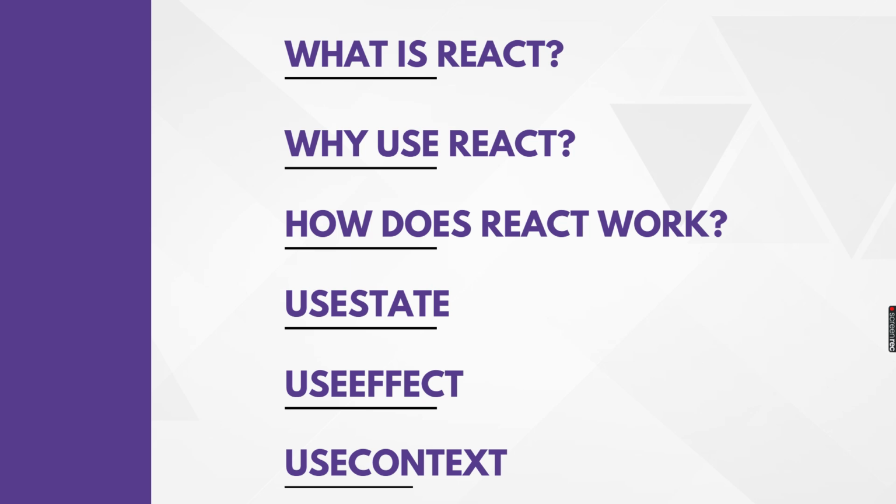So what does useContext mean? This hook is used to access context values directly without needing to manually pass the props through every level of your component tree. It simplifies sharing data between components without needing to pass the props down manually, especially in deeply nested components.